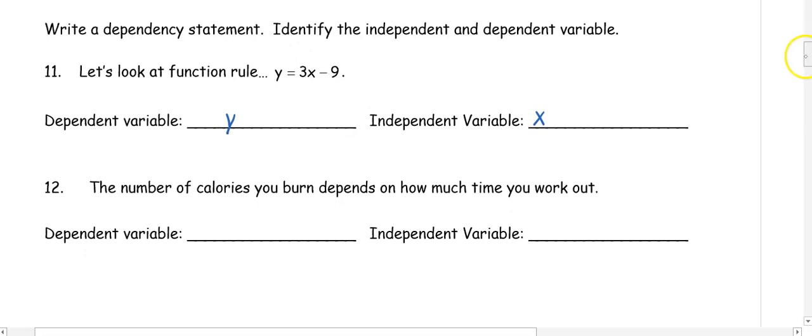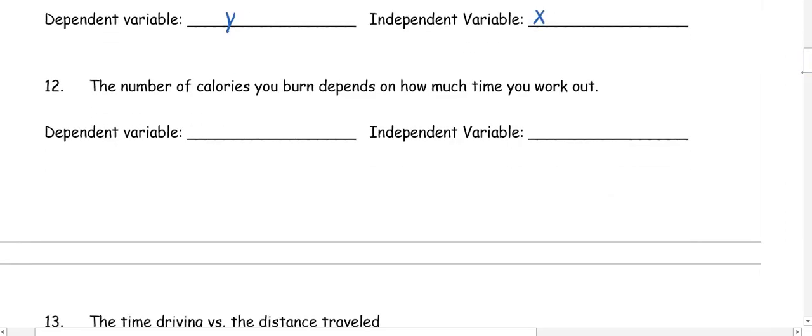So let's look at some things with some variables with words now. So the number of calories you burn depends on how much time you work out. So remember, independent variable is something that you can't change. It's not changed based on another variable. So in this time between the two things, it would be the time you work out.